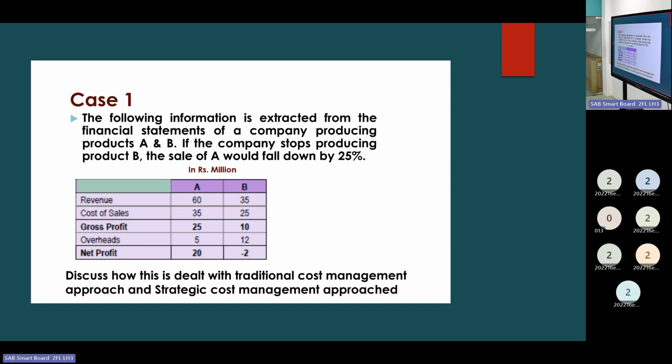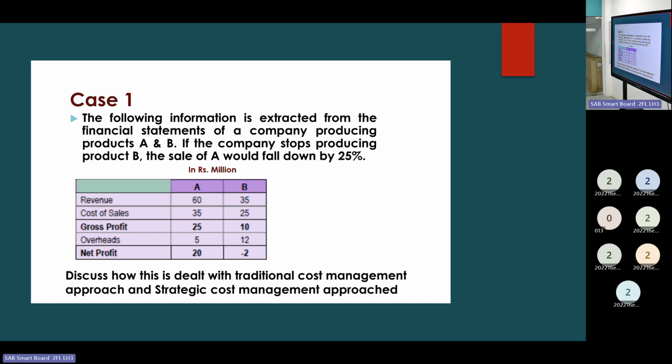Just take a simple case here. The following information is extracted from the financial statement of a company producing product A and B. If the company stopped producing product B, A sales would fall by 25%. Discuss how this is dealt with under the traditional cost management approach and the strategic cost management approach.